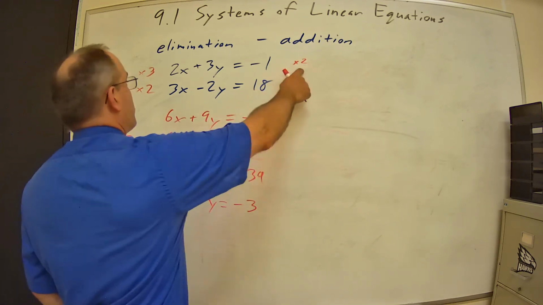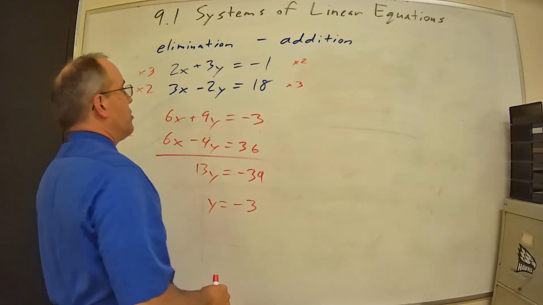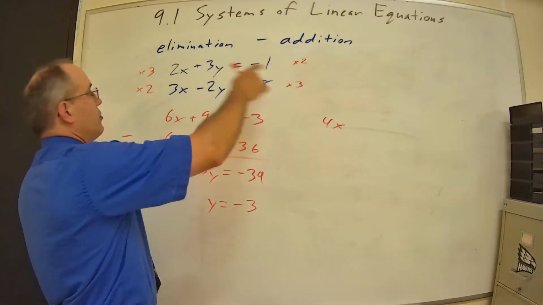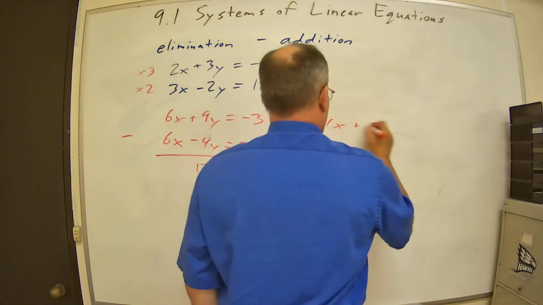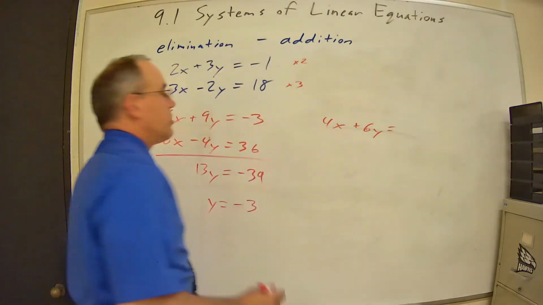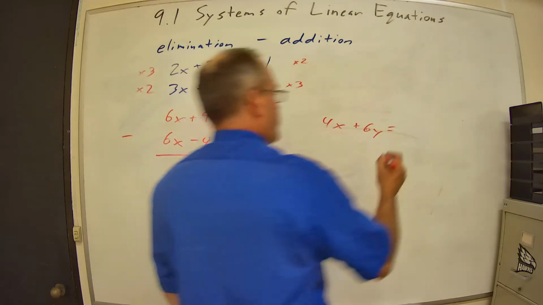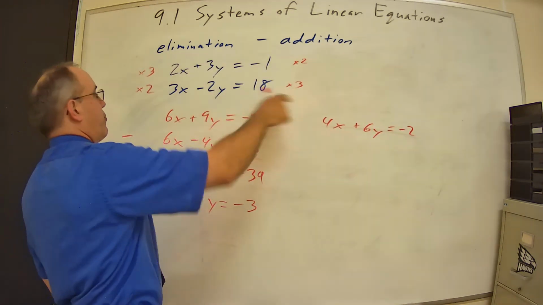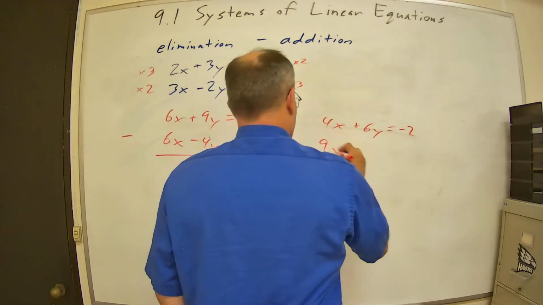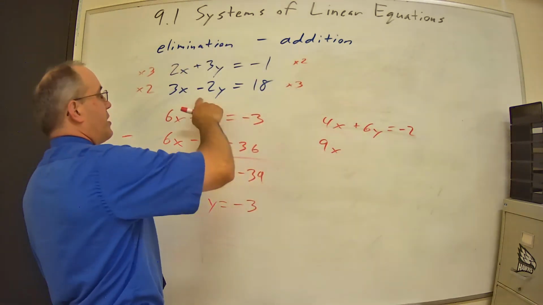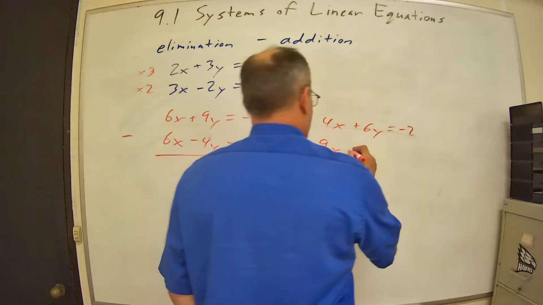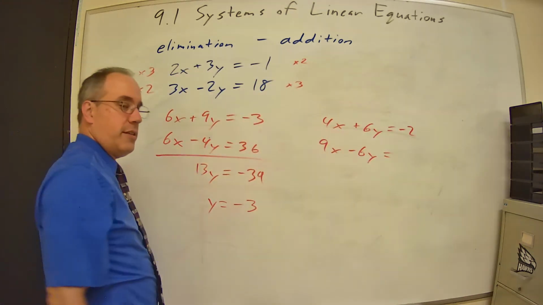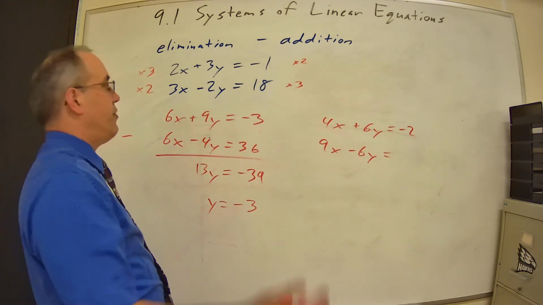So let's do that. 2 times 2x gives me 4x. 2 times 3y gives me 6y. 2 times -1 is -2. And then in my second equation, 3 times 3x is 9x. 3 times -2y is -6y. And 3 times 18 is 54.